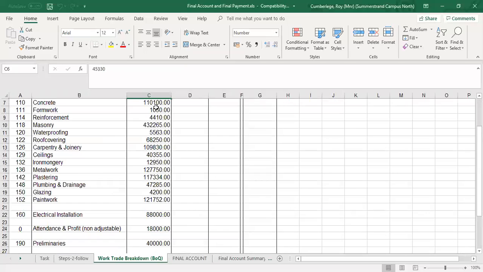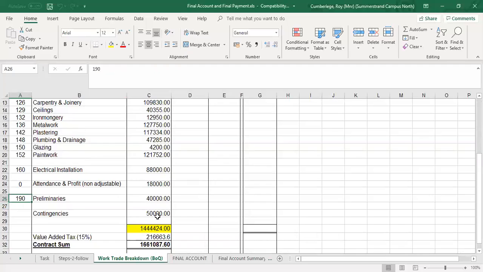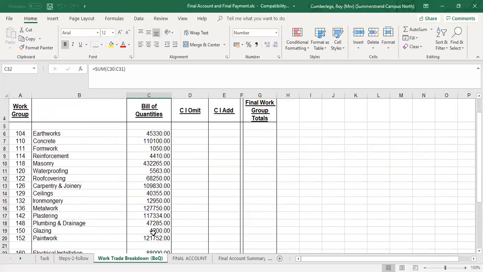So you'll make a summary of all the various work groups: electrical installation, profit and attendance, which is now work group 0, non-adjustable items, and then also the preliminaries, which is actually bill number 1, but it's work group 190. And in this specific project, there were also contingencies to the amount of 50,000 Rand. And add the VAT, and then we'll get to the actual contract sum or the tender figure. So that is the breakdown of the bill of quantities.